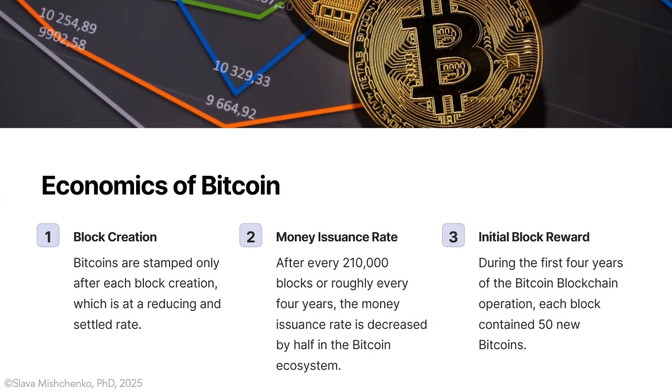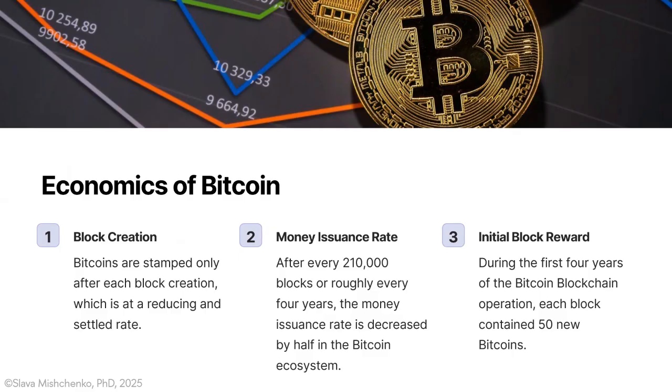What I find particularly brilliant about the Bitcoin design is how it carefully controls the creation of new coins through a process that's both predictable and mathematically precise. Now let me explain how this works in practice. New Bitcoins only come into existence through the mining process, which in turn happens every time a new block is created.